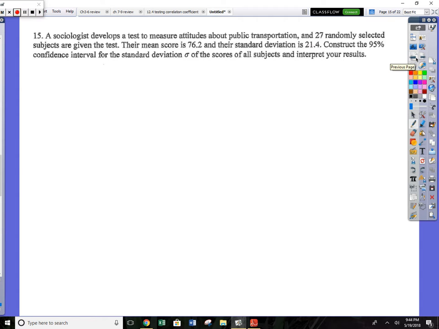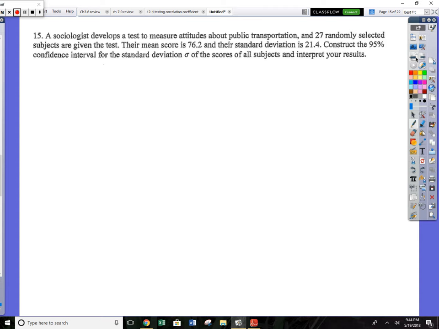And 15, a sociologist develops a test to measure attitudes about public transportation. 27 randomly selected subjects are given the test. Their average score is 76.2.